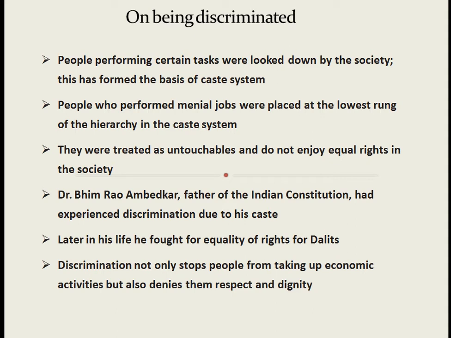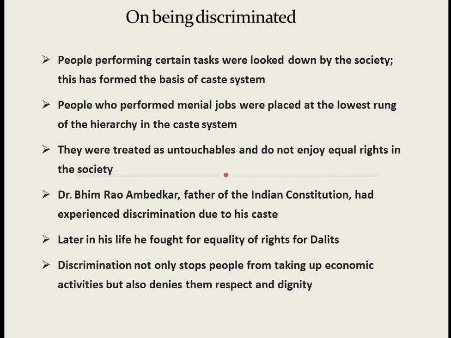People who performed such jobs were placed in the lower rungs of the hierarchy in the caste system, and they were treated as untouchable and did not enjoy equal rights in society. That is all faced by Dr. Bhimrao Ambedkar.